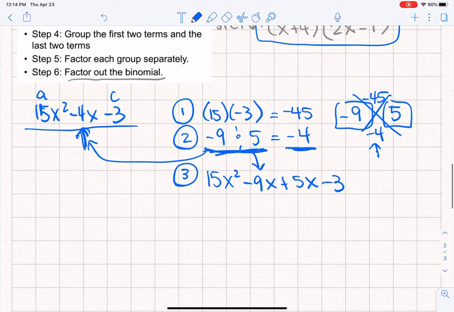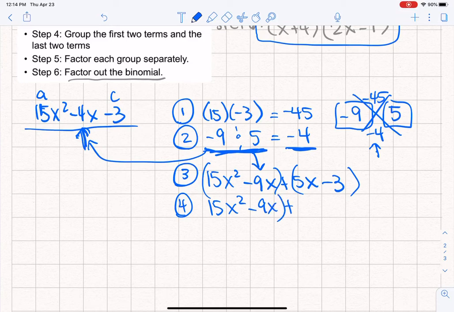All right, so then I group. It says to group, so you're just putting parentheses around the first two and these two. So it's 15x squared minus 9x plus 5x minus 3.